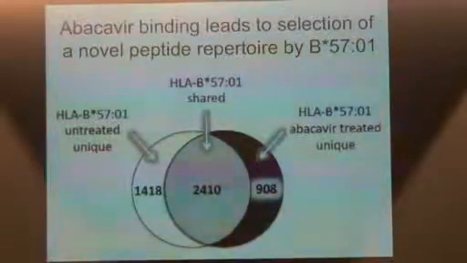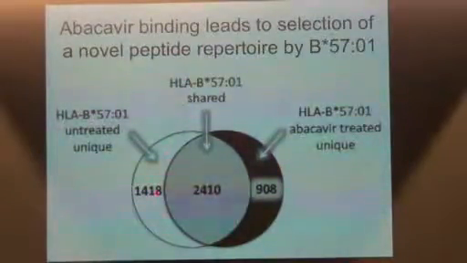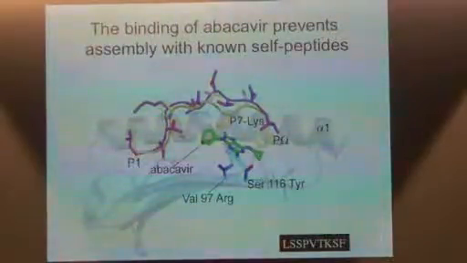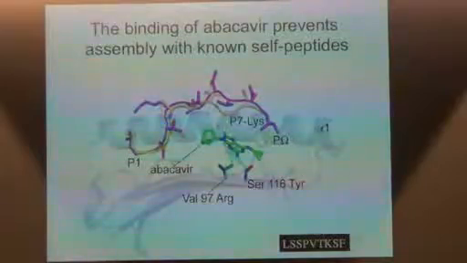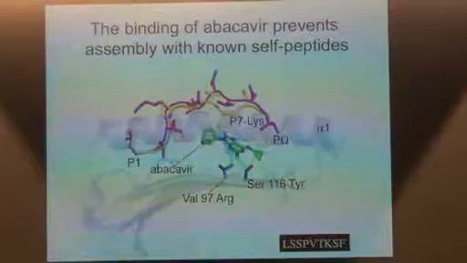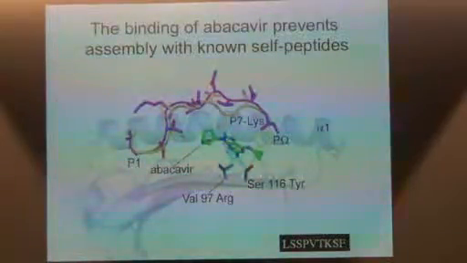This just shows that the proportion of brand new peptides that are presented by this molecule in the presence of the drug is about a quarter of all peptides. And these figures show that we can see at a molecular level exactly why this HLA type is linked to the drug reaction and not those closely related HLA types, because the amino acid that destroyed recognition is here, position 116.